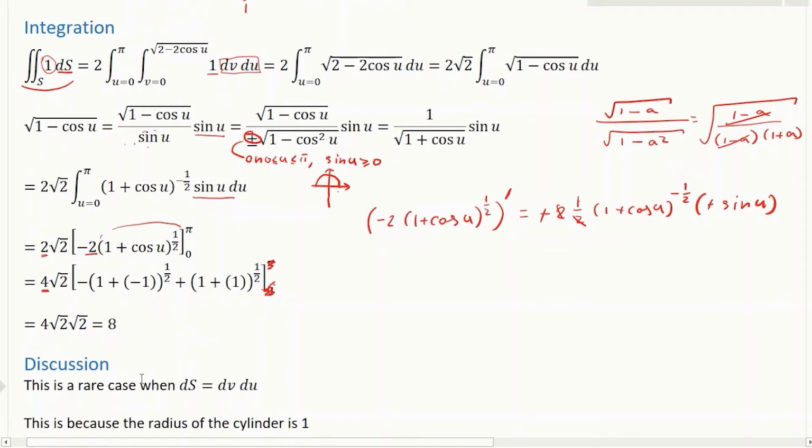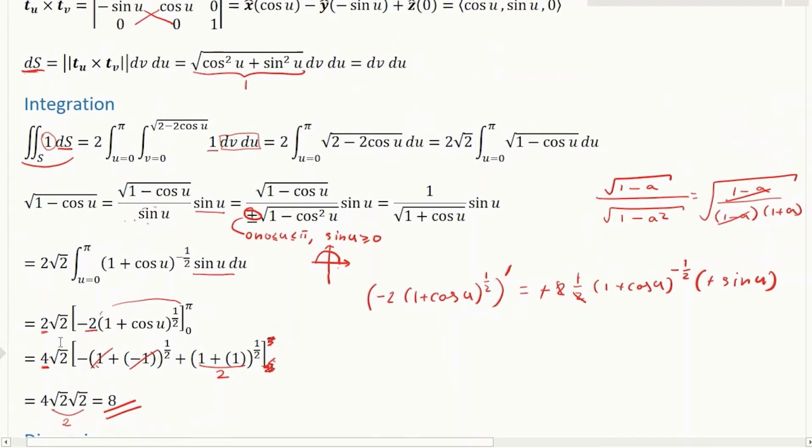Then in the next step, I realized that this cancels, so this is 0, and this is 2 to the power of 1/2. So what we get is 4 square root of 2 times 2 to the power of 1/2, another square root of 2, and this is equal to 4 times 2, which is 8.